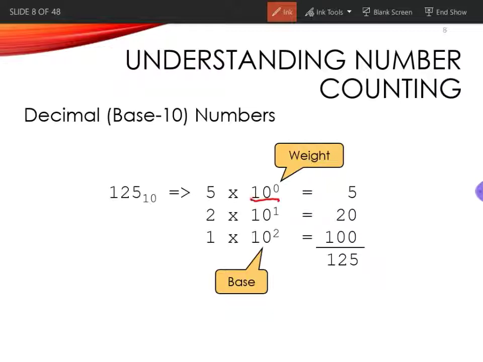So 10 to the power of 0 is 1, so 5 times 1 is 5. 10 to the power 1 is 10, so 2 times 10 is 20. Then 10 to the power 2 is 100, so 1 times 100 is 100. If we add these numbers, we get 125. That is how we can generate numbers, and that applies for any numbers and any base system.